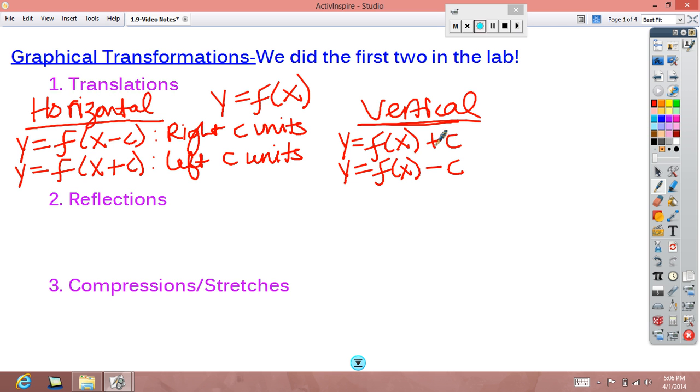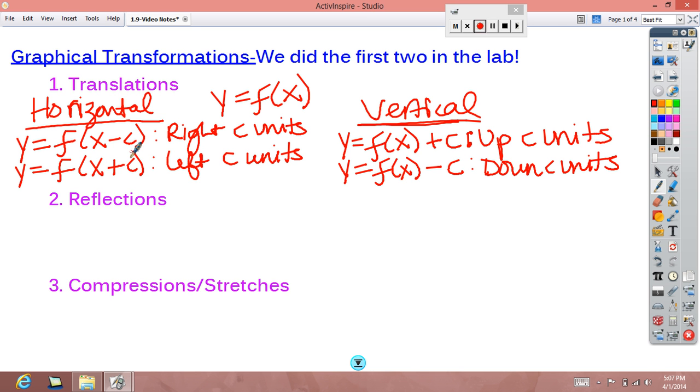This time, this plus c moved the graph up c units, and this minus c moved it down c units.